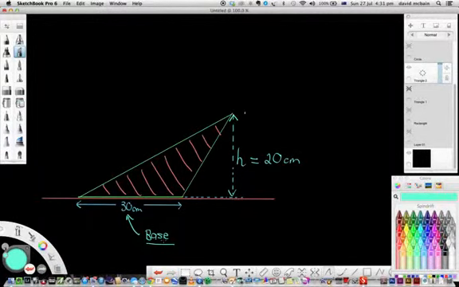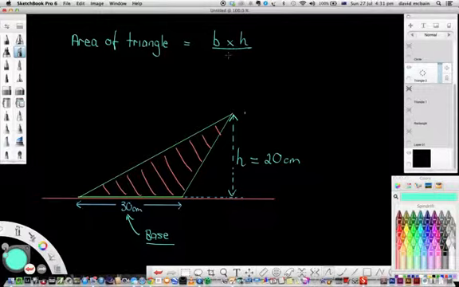Okay, let's work out the area of this triangle. So remember, the area of a triangle equals its base times its vertical height divided by 2.